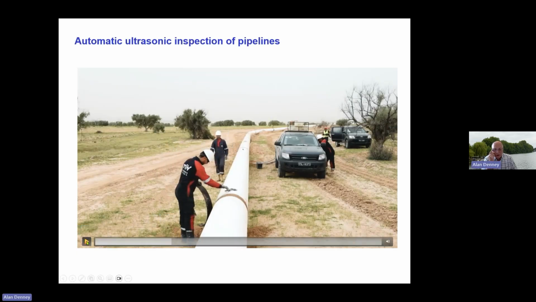So now they're putting a band adjacent to the girth weld that they're going to inspect.